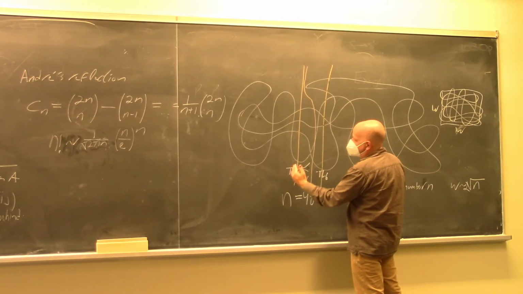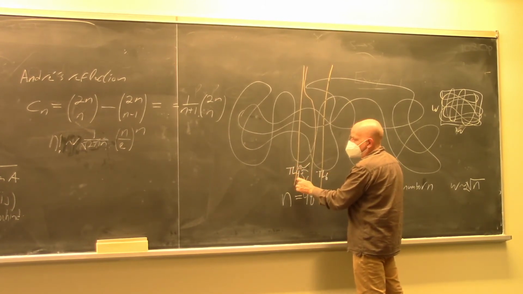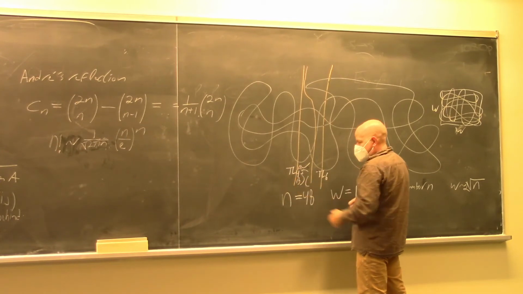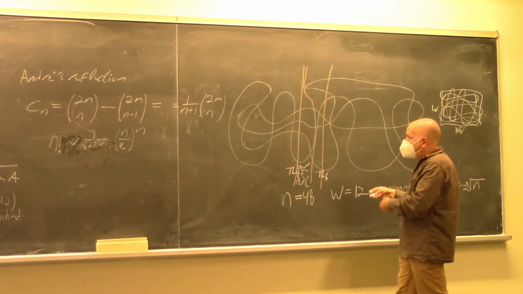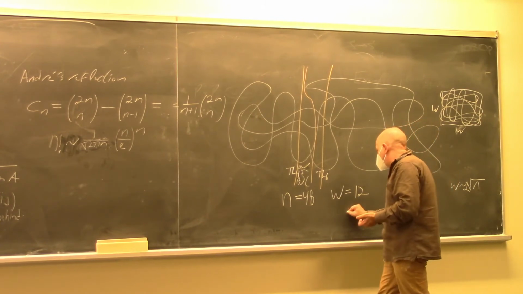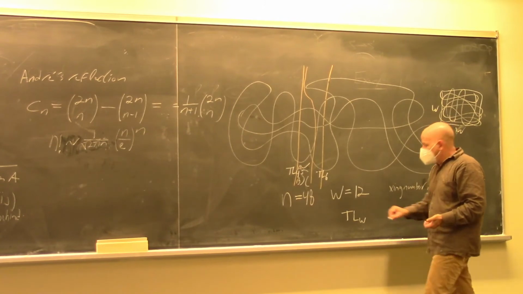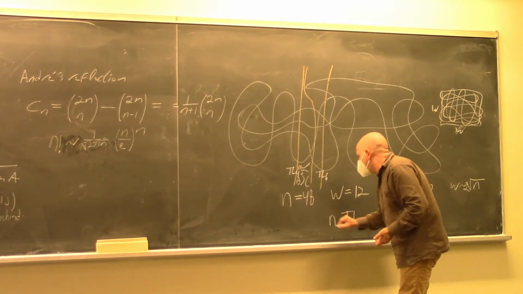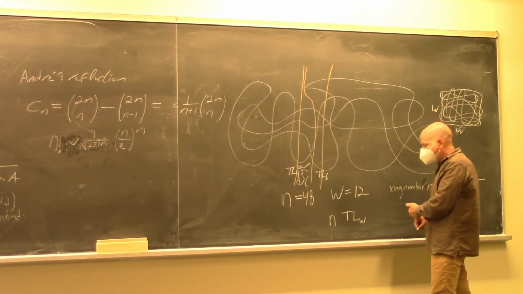So basically, the number of computations is the dimension of TL4. So the overall number of computations will be roughly the dimension of TL_W, multiplied by n, because you needed to do this at most n times.